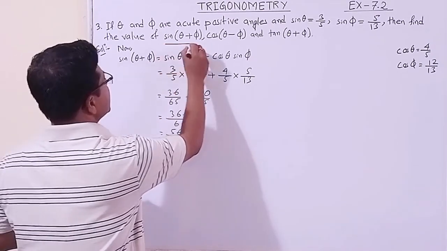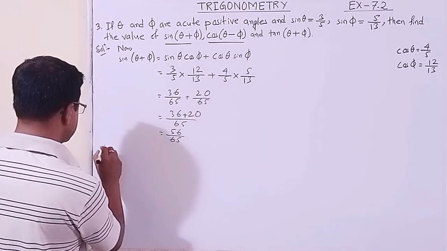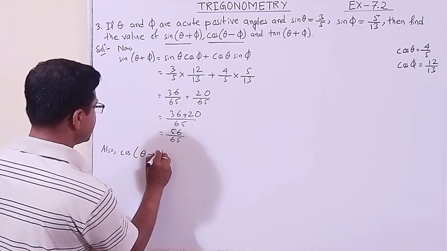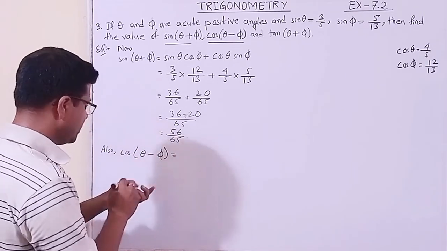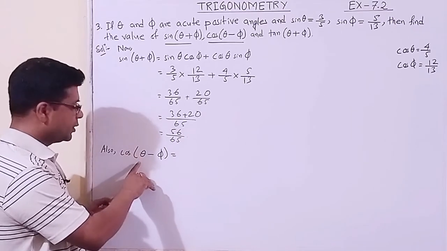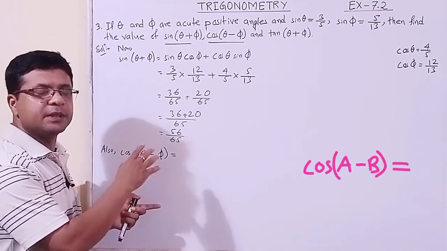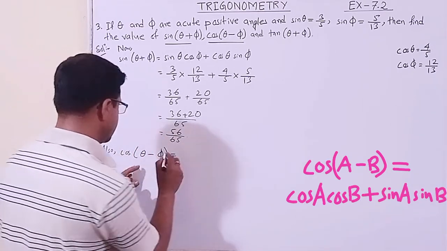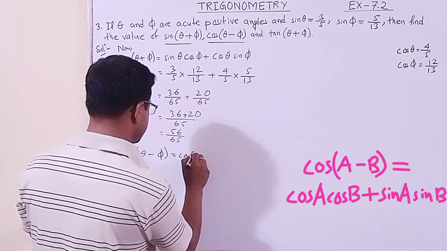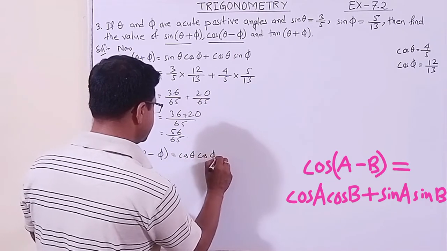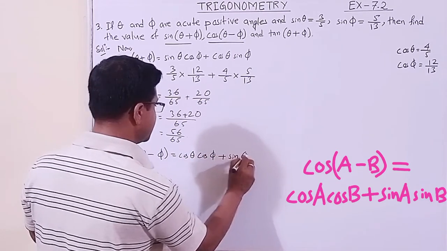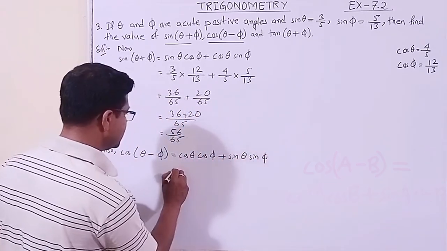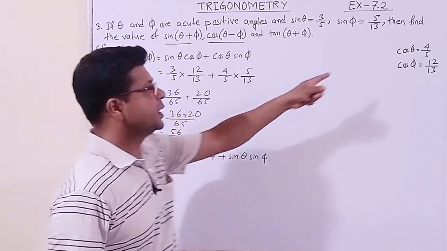Okay, this is done. Now let us move to this also: cos of theta minus phi. What is the formula? This is of the form cos a minus b. Cos a minus b is cos a cos b plus sin a sin b. Okay, very simple thing. Now let us substitute the values. Cos theta is how much? 4 by 5.